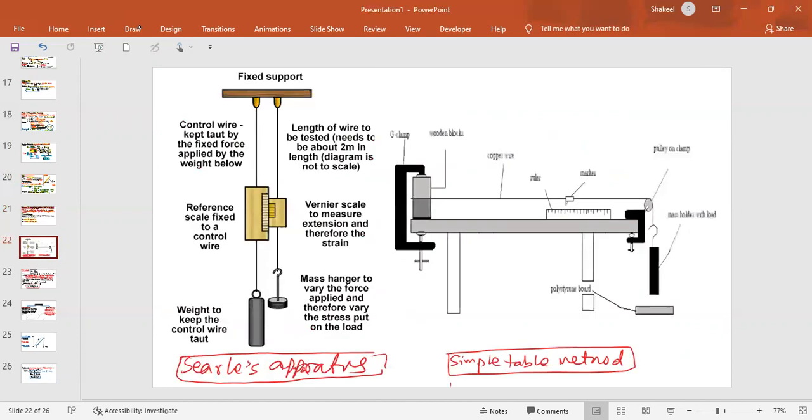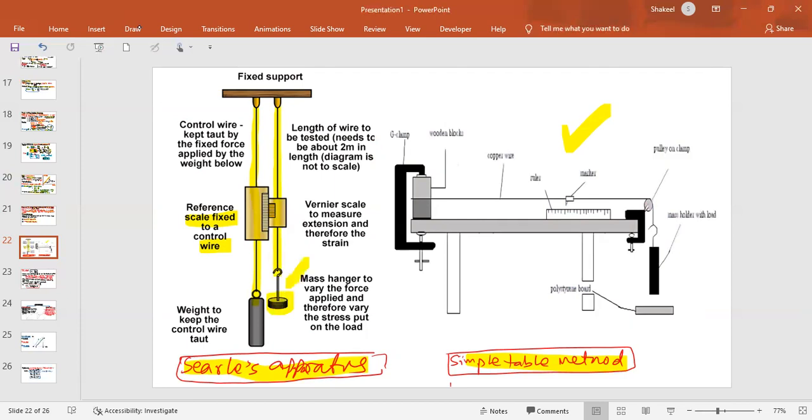In order to answer our question, we can use any one of the methods. So this is Searle's apparatus and this is a simple table method. We will prefer the simple table method. But what's Searle's apparatus? Well, for the wire for which you have to measure the Young modulus, you connect that wire over here with a fixed load, and you apply a reference scale or the vernier caliper scale. Then you connect the same wire, and there is a mass hanger so that you can change the weight on it.